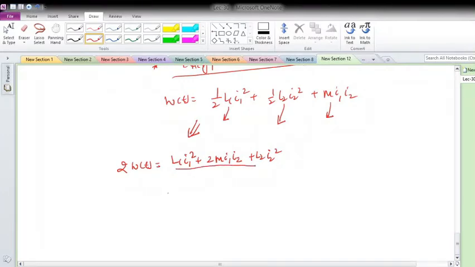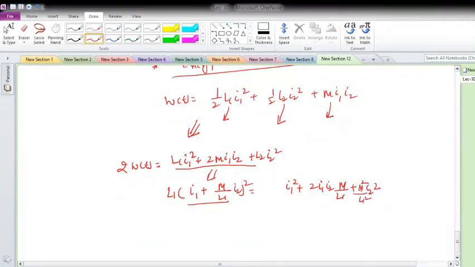For that let me write L1 I1 plus M upon L1 I2, its square. I want to convert this into this form. So this will be I1 square plus 2 I1 I2 M over L1 plus I2 square into M square over L1 square.